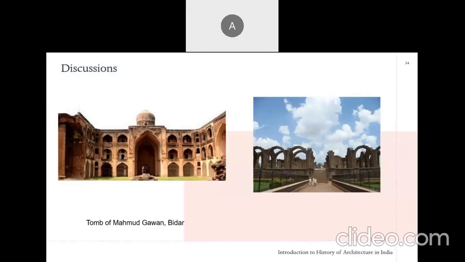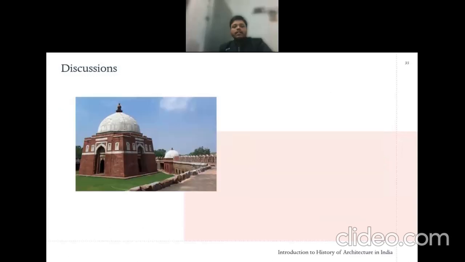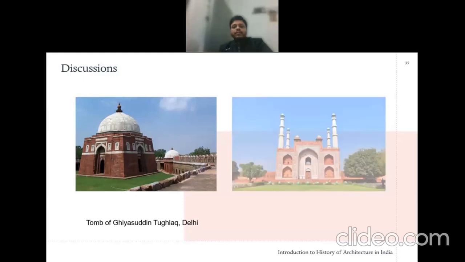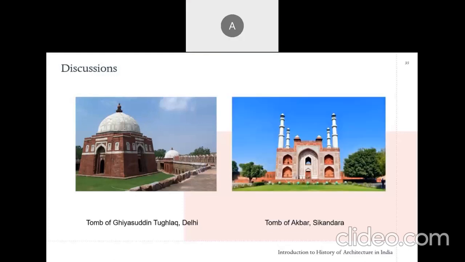It's the tomb of Ali Adil Shah because Akbar's tomb is probably in white. Correct. This is the Ghiyasuddin Tughlaq, and this is Akbar's tomb of Sikandra, with the 4 minarets at the corners. The tomb of Akbar has 4 minarets in white material.